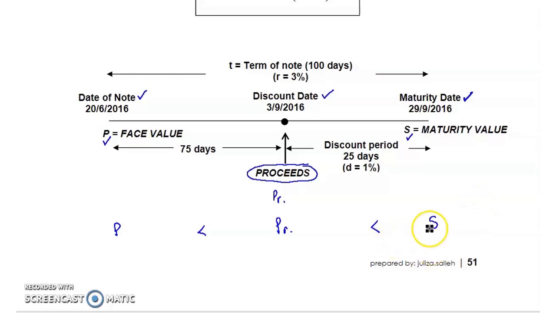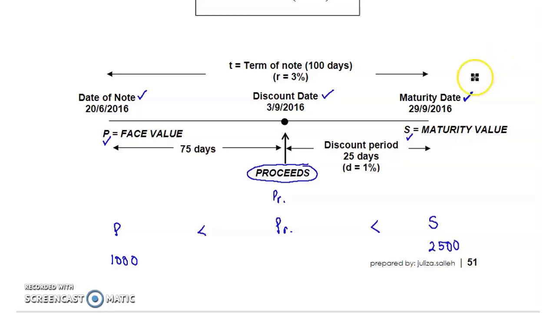Or the other way, S must be more than proceeds, and proceeds must be more than face value. You can use this to check your answer later on. For example, if you borrow 1,000, at the end of a certain period you need to pay more than 1,000. Why more? Because there is an interest. For example, you pay 2,500.